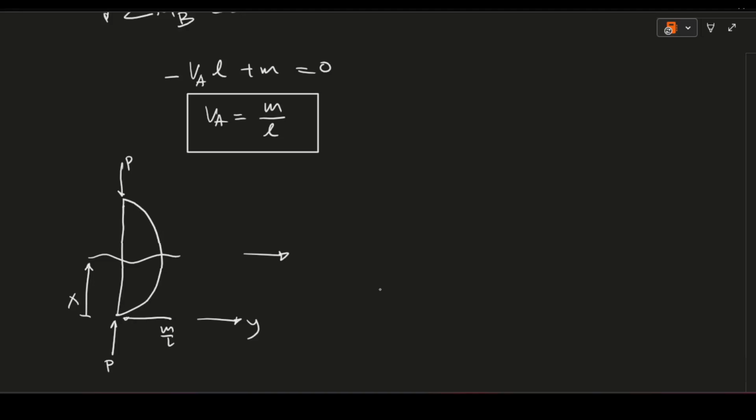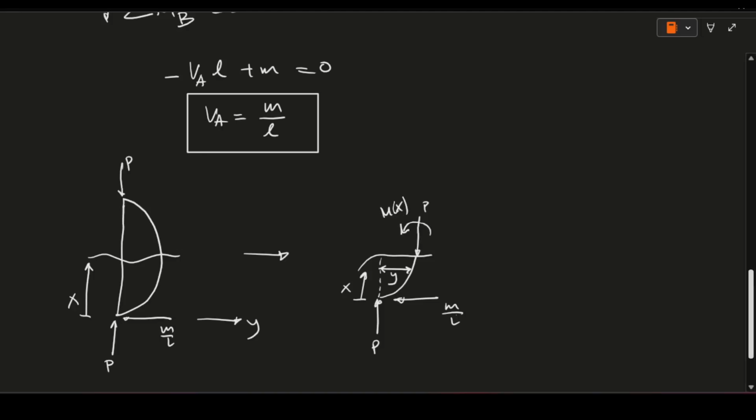And we see that we have P here and M over L there. This is the cut at some distance x, and this is some distance y. And we have this internal force P, and we also have an internal moment, M of x, like this.